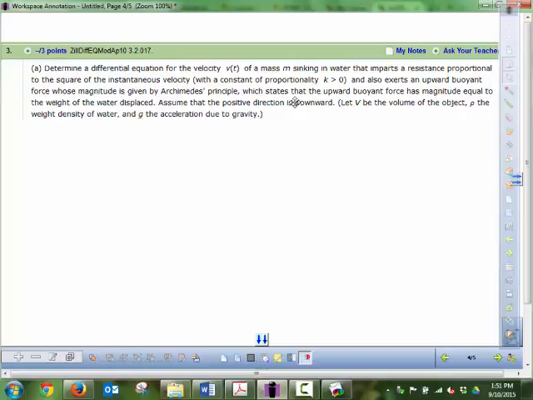It says determine the differential equation for the velocity of a mass sinking in water that imparts a resistance proportional to the square of the instantaneous velocity with a constant of proportionality k. It also exerts an upward buoyant force whose magnitude is given by Archimedes' principle, which states that the upward buoyant force has a magnitude equal to the weight of the water displaced.